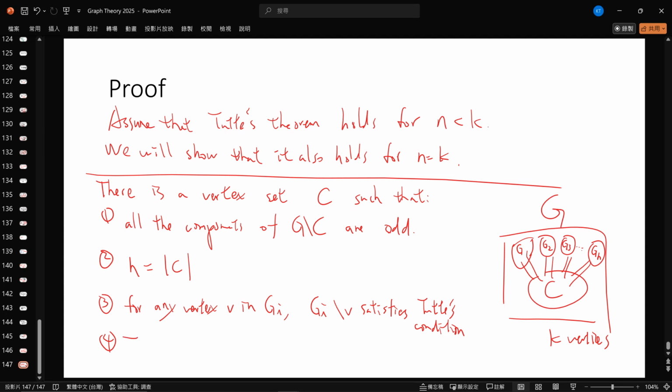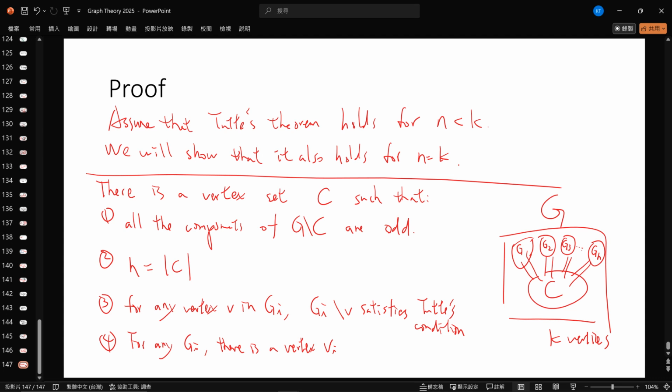So the last property is that there is a perfect matching between C and the special vertices. For every component, we can identify the single vertex that is going to be matched to C. That is vi.